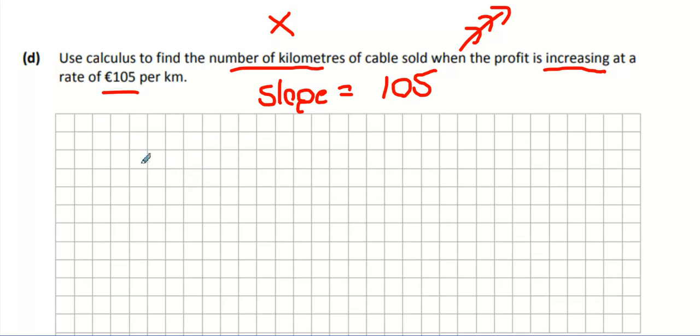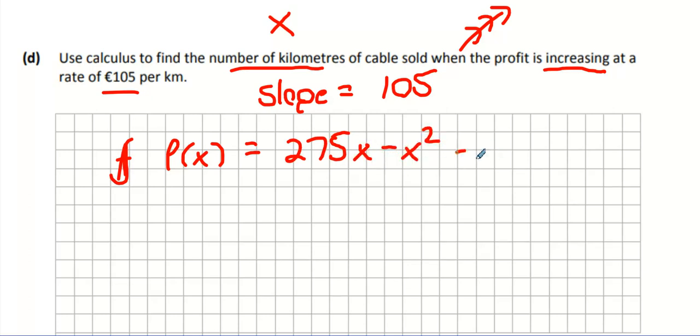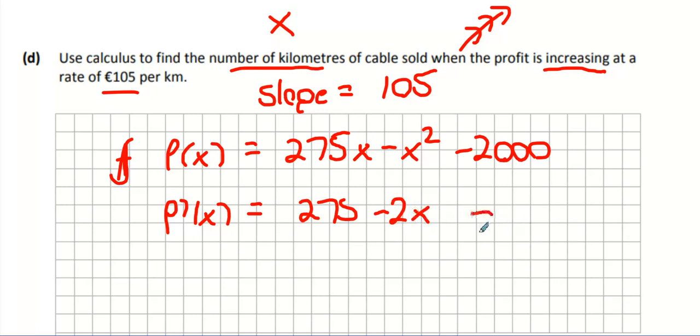Okay, what's the original formula again? Anybody? The original formula? Yes. Okay. And now, how'd you get slope? We said it earlier, slope is the first derivative, so it's 225 minus 2x... and your slope is actually 105.